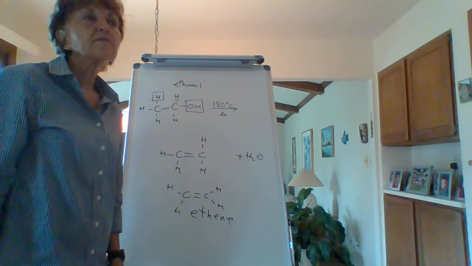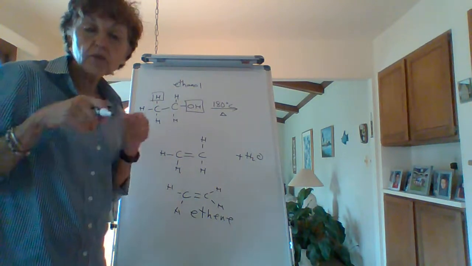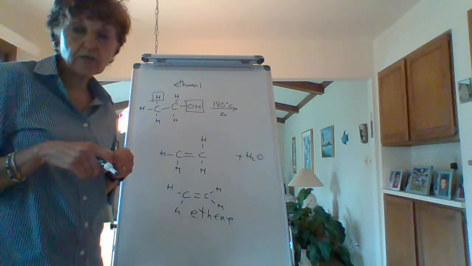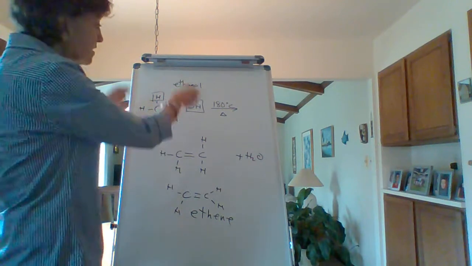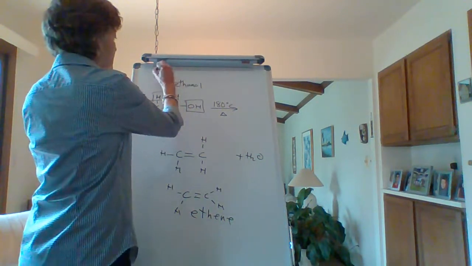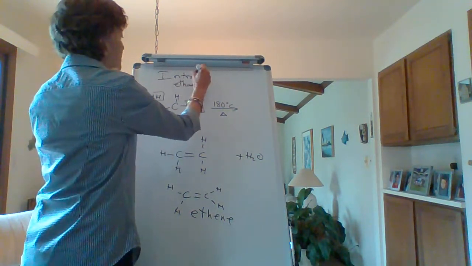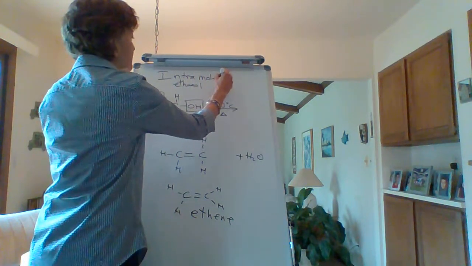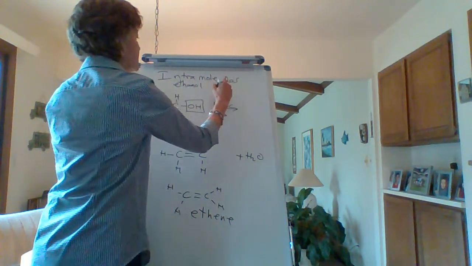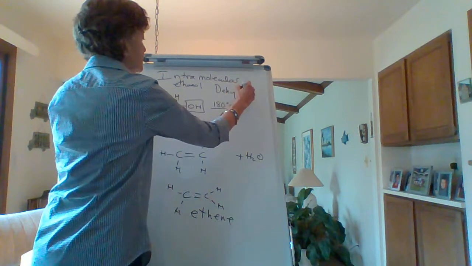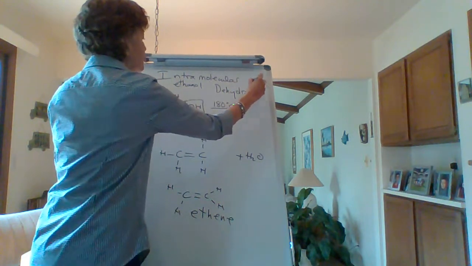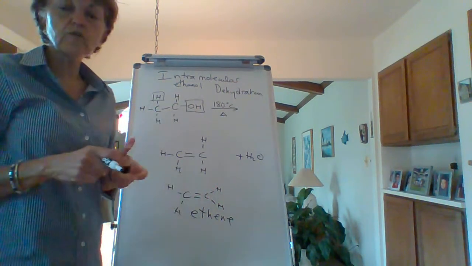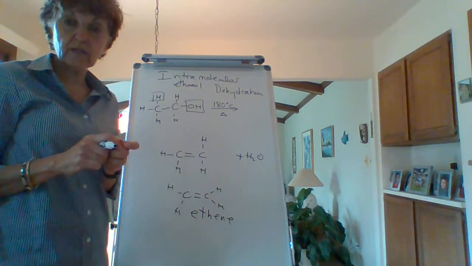They call this intramolecular dehydration. That means within the same molecule. So at 180 degrees, a primary alcohol will do intramolecular dehydration.